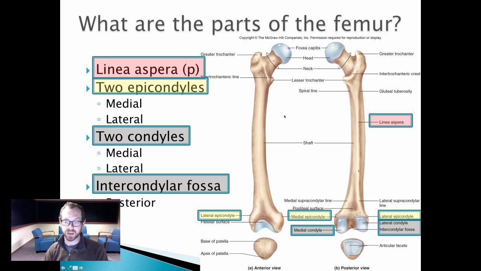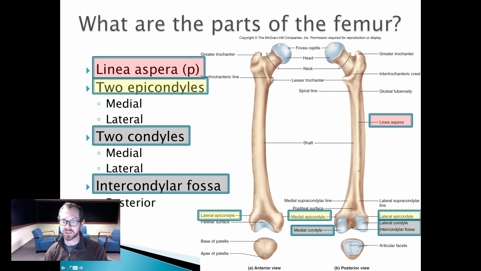Now, some other features that we have not discussed yet. We have the lateral and medial epicondyles. This is similar to what we saw in the humerus. And again, similarly to the humerus, the medial epicondyle is relatively larger than the lateral epicondyle.